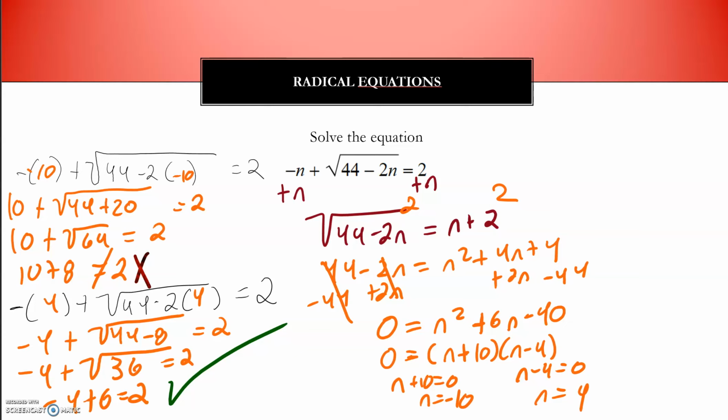So we ended up with 44 minus 2n equals n squared plus 4n plus 4, very similar to the last problem. Then we factored, got everything to the same side and factored n plus 10 times n minus 4, so n would be negative 10 or positive 4. Negative 10 is not a valid solution, does not work out in the original equation, but positive 4 does.